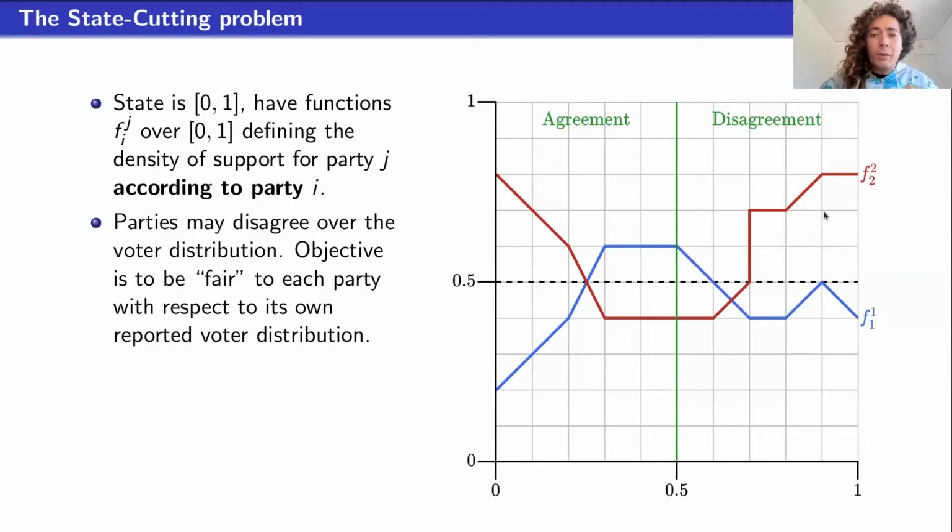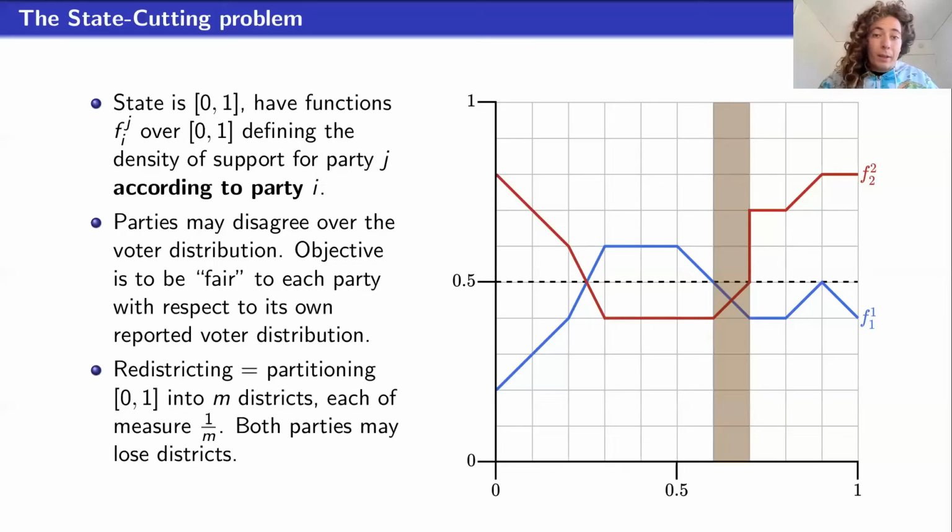And the reason we allow this in our model is the same reason we allow people to have different valuations in the cake cutting model. We want to design a protocol or a fairness axiom or algorithm, whatever you want to call it, whereby if a party comes and says, this is how I believe reality looks like, then we should guarantee them a fair outcome with respect to that data that they supplied, regardless of the data that the other party supplied.